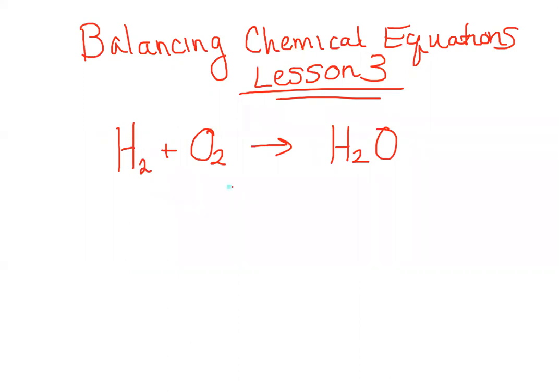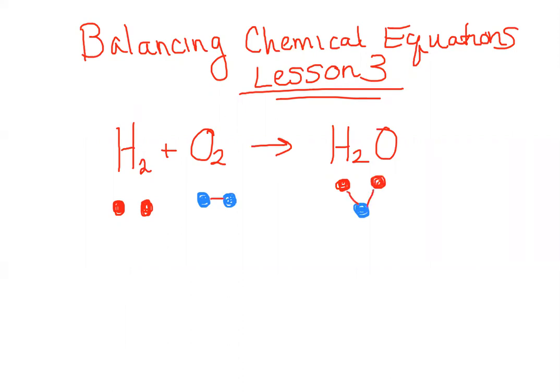So in this problem right here, we've got 2 hydrogens on this side, and we've got 2 oxygens on this side. But over here on this side of the problem, we have only 1 oxygen and 2 hydrogens.